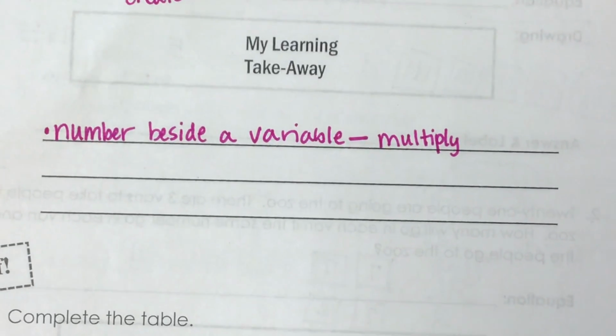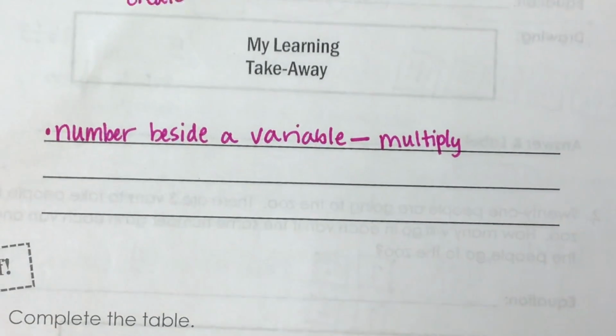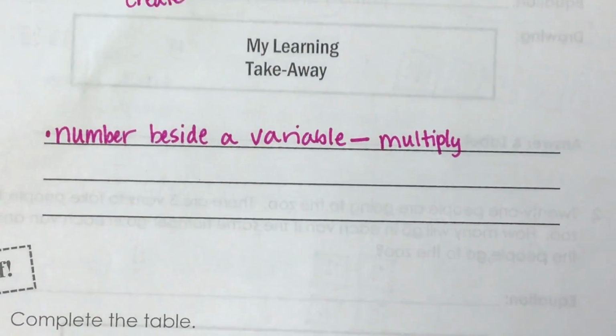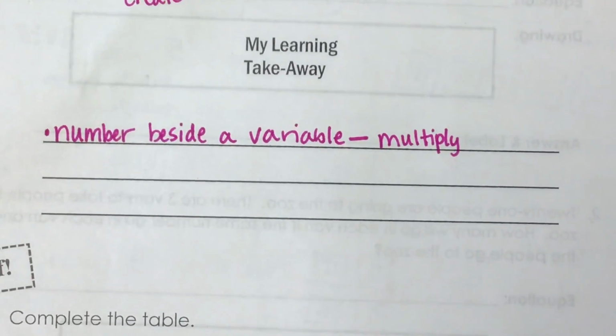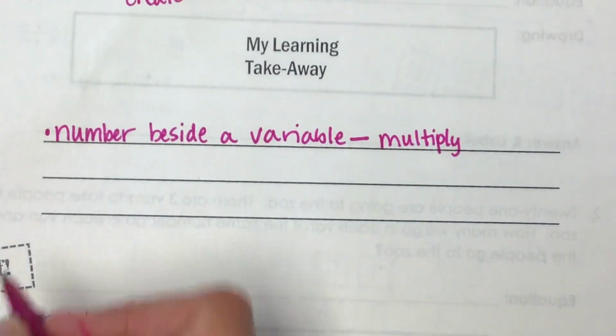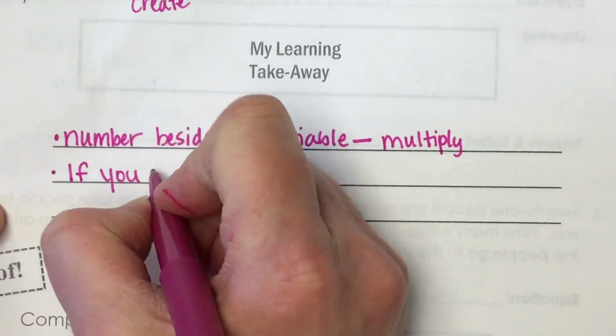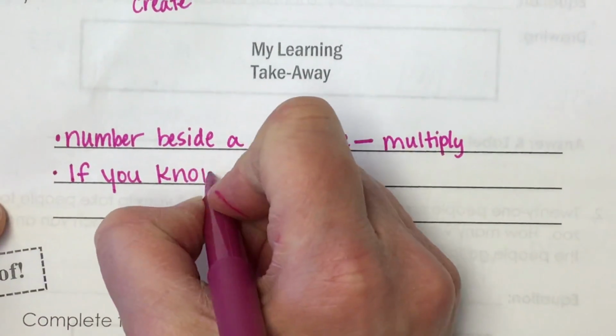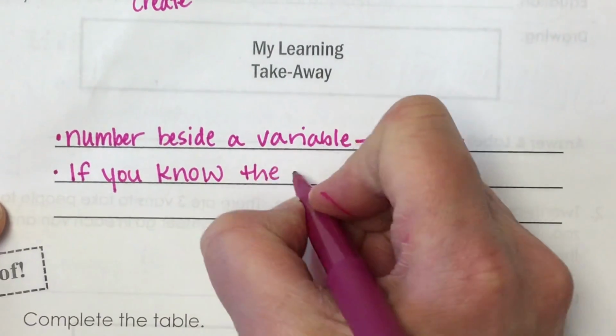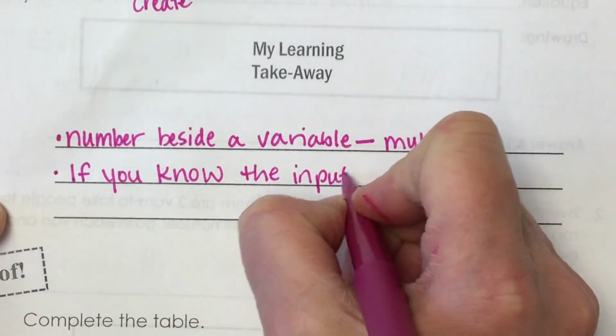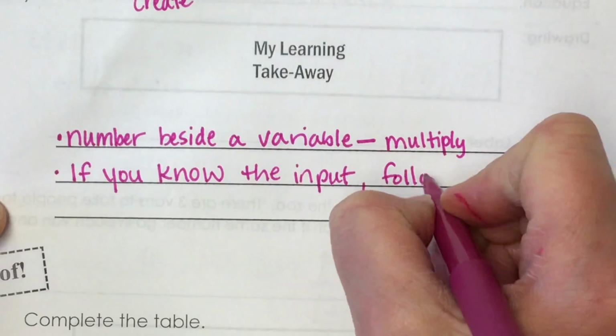Very good. Okay. If you have an input-output table like you do below, then if you are given the input, if you know the input, then you follow the rule.